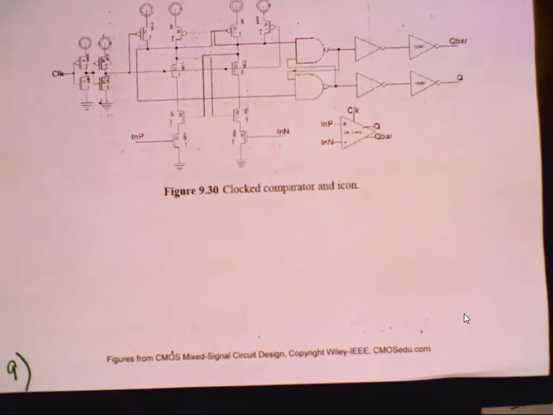Anything else here? Okay. So when I go through your projects, if you did everything with one sine wave, that would be a problem. You've got to put some other signals in there, like different frequencies, a ramp, a DC, something like that.